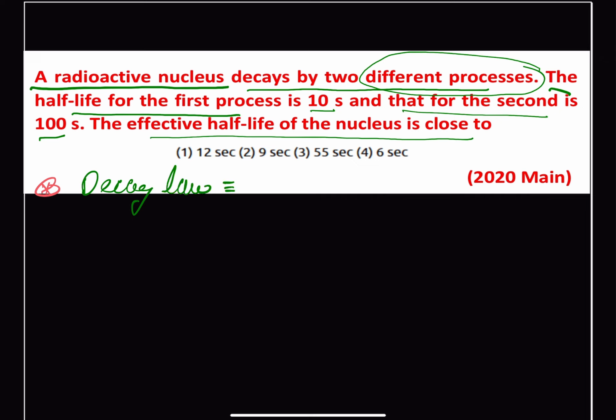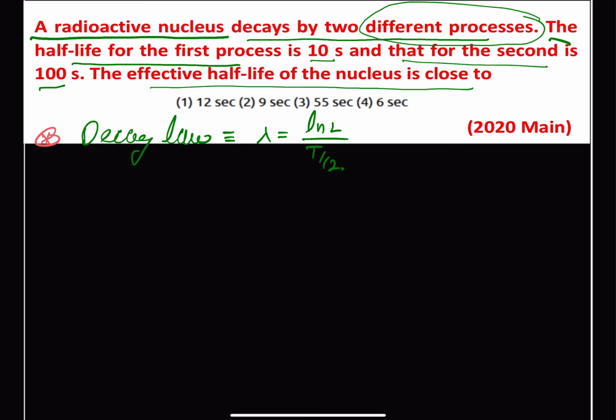And this decay law states that our lambda is equal to natural log of 2 divided by T half. So we are having two decays. Let us say that for lambda 1 we get natural log of 2 divided by T half for the first, then we have lambda 2 equal to natural log of 2 divided by the half-life for the second.